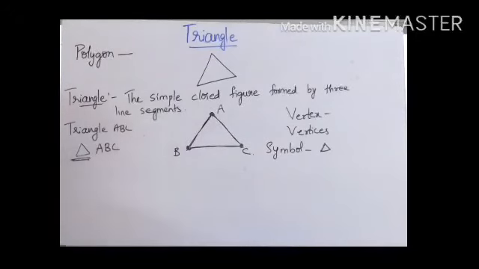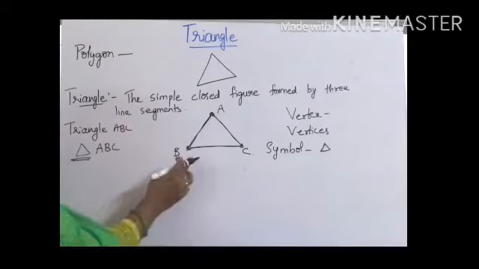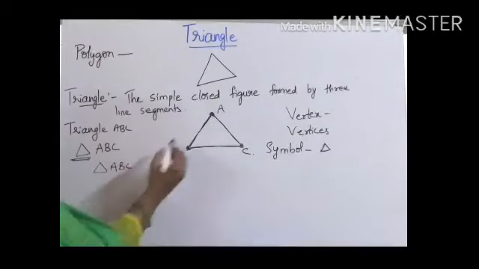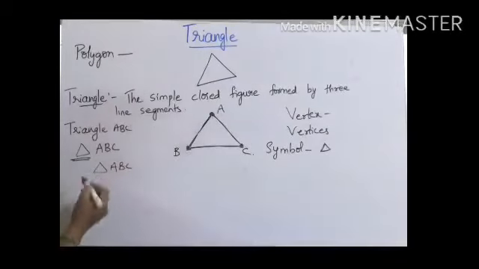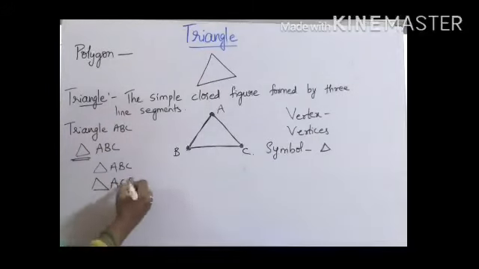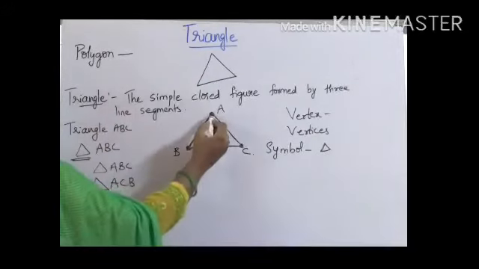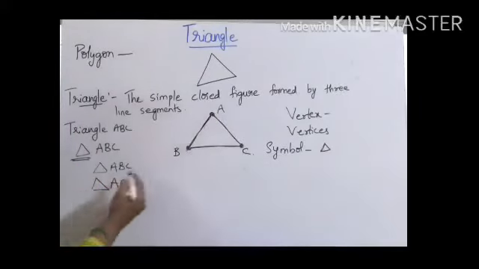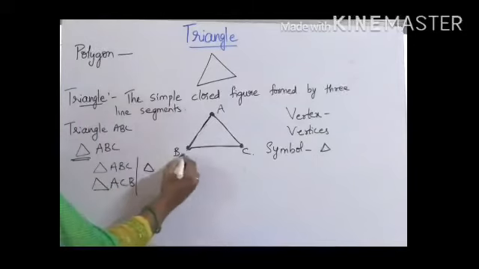And here triangle ABC can also be written as, you can name this triangle in 6 different ways. Here, see, this is triangle ABC. I can write this triangle ABC as ACB also. I can go like this ABC or ACB. And I can start triangle with B also, children.